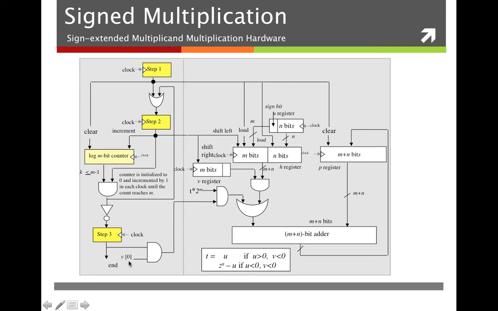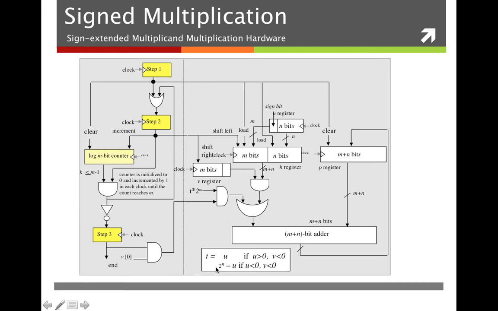That is to say, in the case that v itself is negative, and we are in this step, some correction is required. So this is the correction step. Basically, this is what is written here. If u is greater than 0 and v is less than 0, t is equal to u. If u is less than 0 and v itself is less than 0 as well, then you have to make this correction, which is what this circuit ultimately accomplishes.